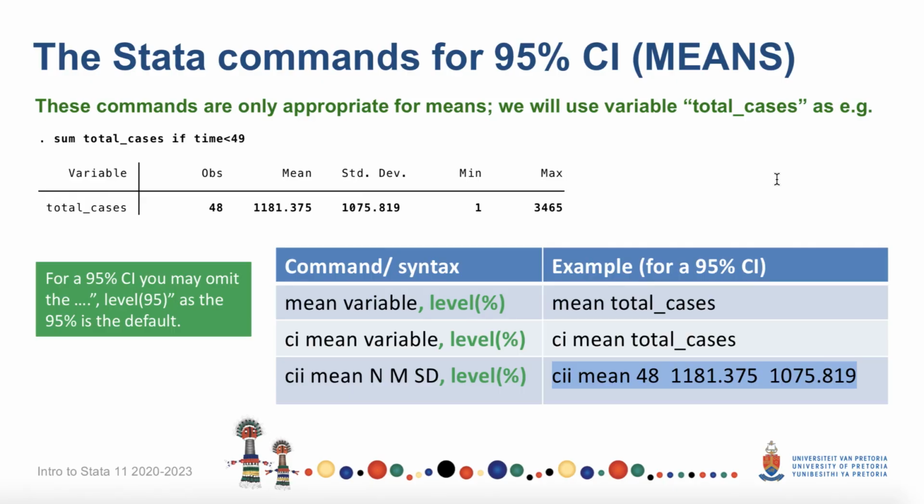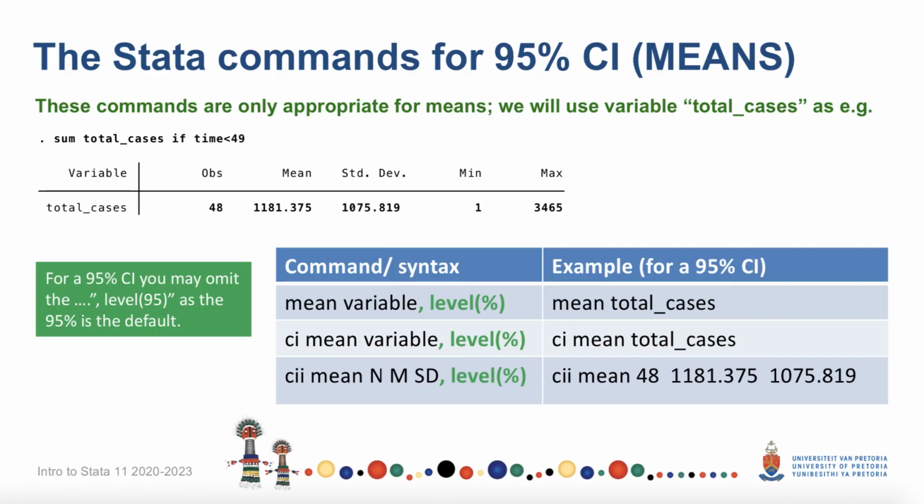And then you give the standard deviation, which we know to be 1075.819. In this case, it will give you exactly the same answer because I obtained these results from the same data set. It doesn't matter which one you use. Obviously, sometimes you won't have the data loaded, and therefore you'll have to resort to the CII, the immediate command.